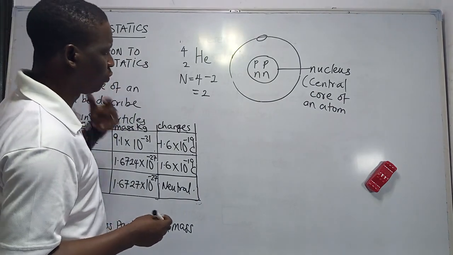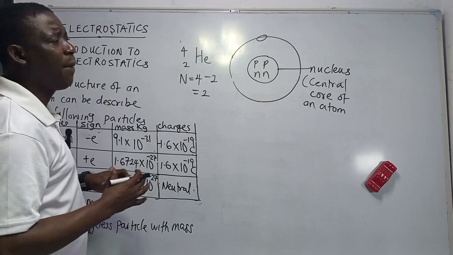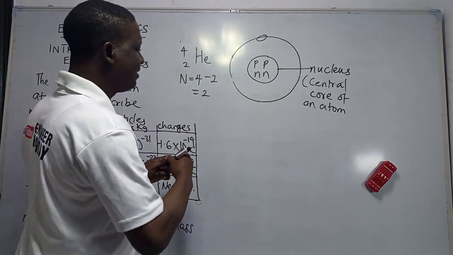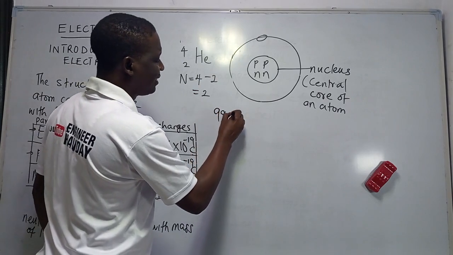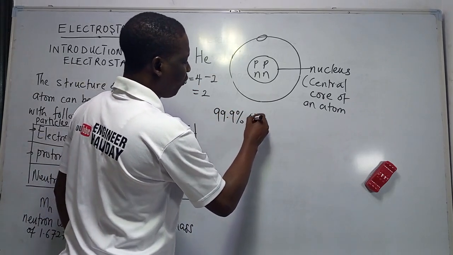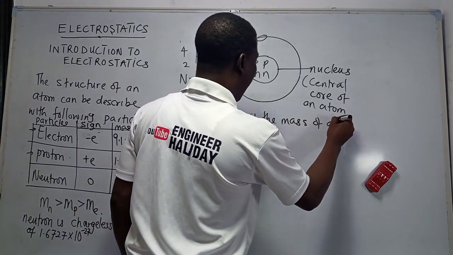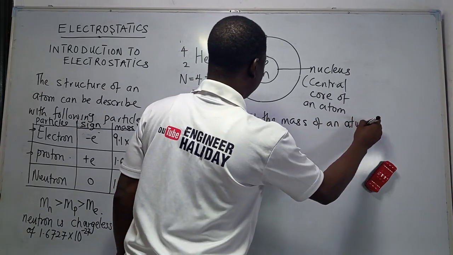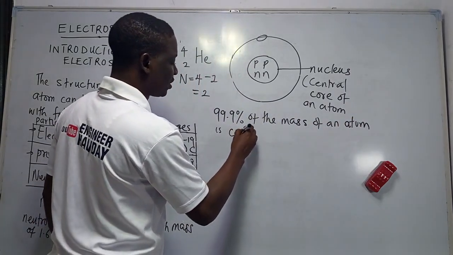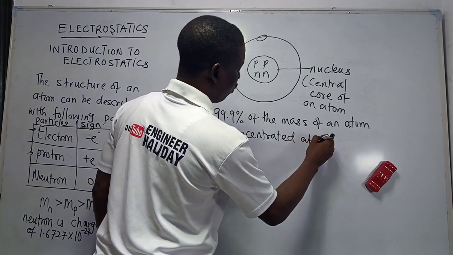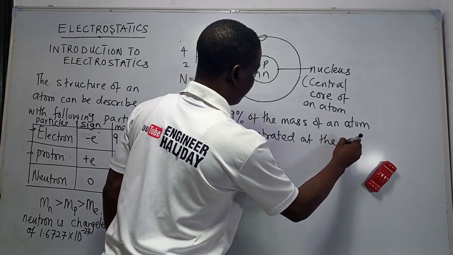Now let's look at it critically. What we are saying now is that 99.9% of the mass of an atom is concentrated at the nucleus.